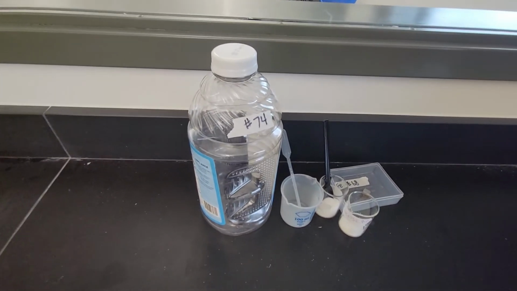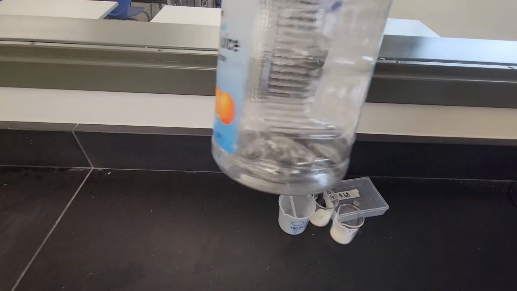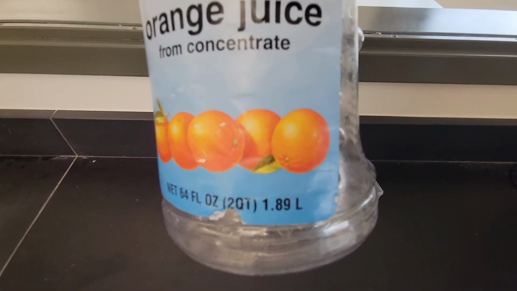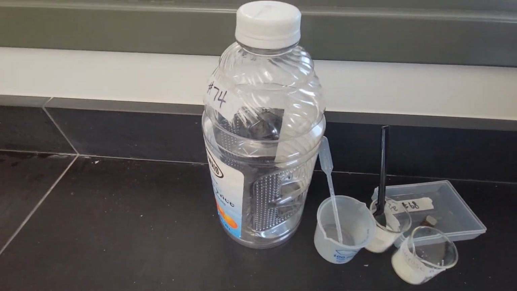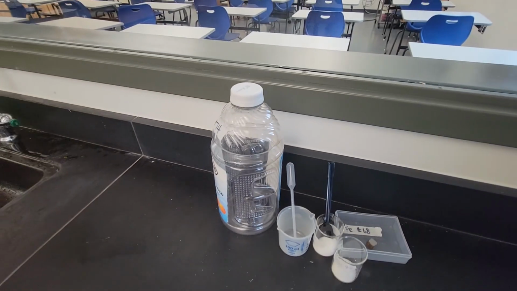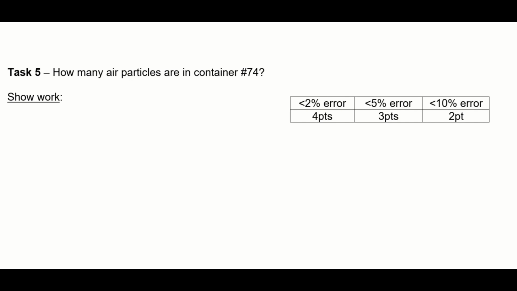So here's the station with bottle number 74, and the label right there tells us it is 1.89 liters. So that's what we'll work with. That's the volume in the bottle. Since it's an empty bottle, that's how much air is in the bottle, 1.89 liters. So we'll take 1.89 liters and turn that into number of air particles.